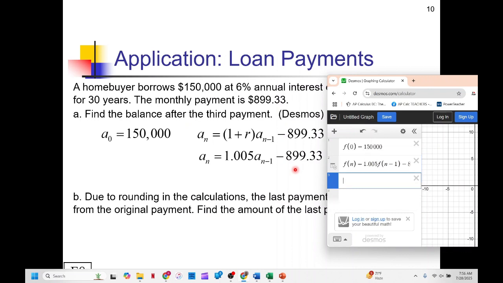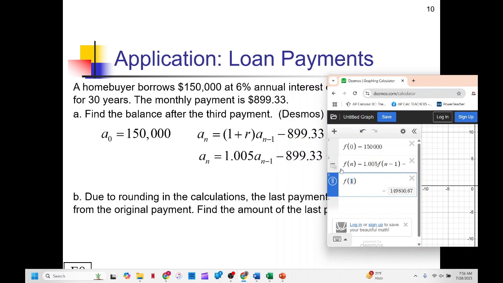And now we've got a recursive rule. So our balance after the first payment, f of 1, is $149,850.67. That seems reasonable. I mean, it doesn't seem like we've paid a whole lot down, but you have to remember we're having this interest accrue and then we're subtracting that monthly payment. So that interest is kind of the sticker there.